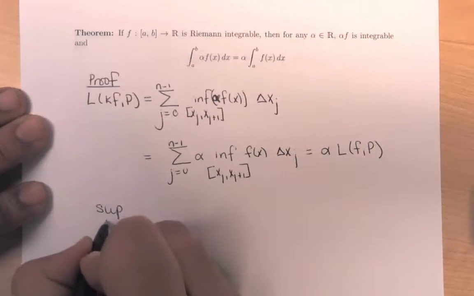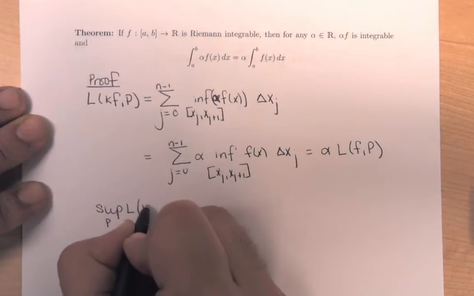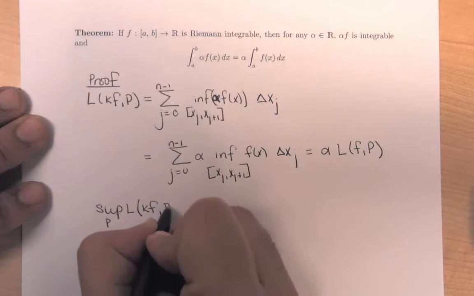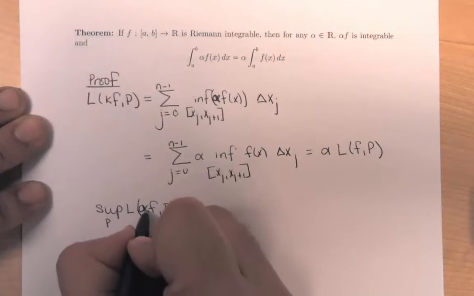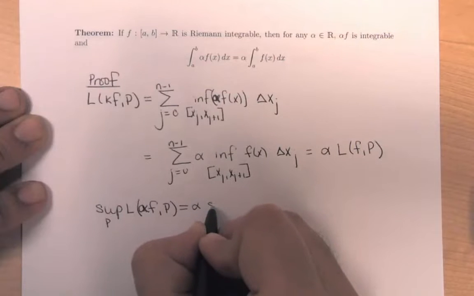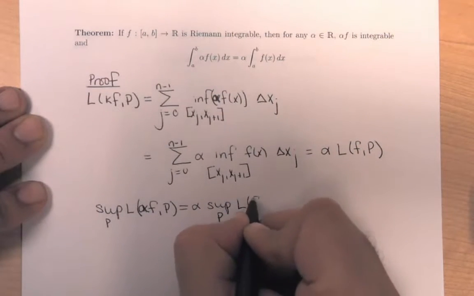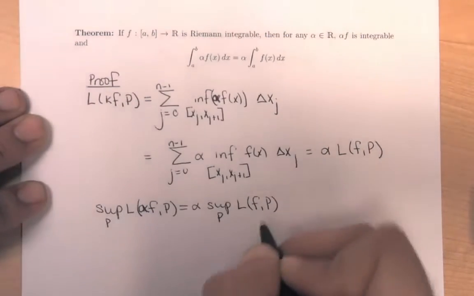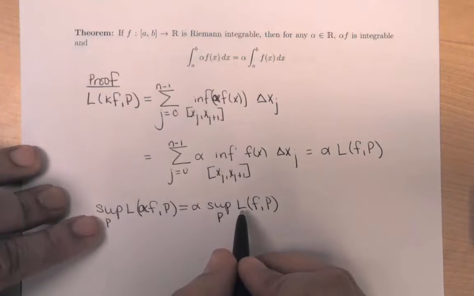If it's true for all partitions P, then the supremum over P of all the lower sums of alpha f for every partition P is alpha times the supremum over P of the lower sum of f over P. And remember, this is the lower integral.